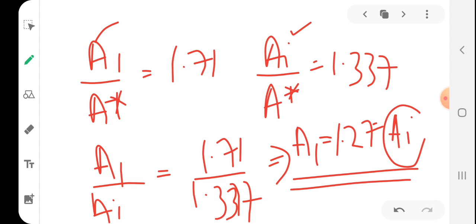So if the value of AI is known, A1 can be obtained. The shock is located at a section where the area of the duct becomes 1.27 times the inlet area. That is how the location is found.